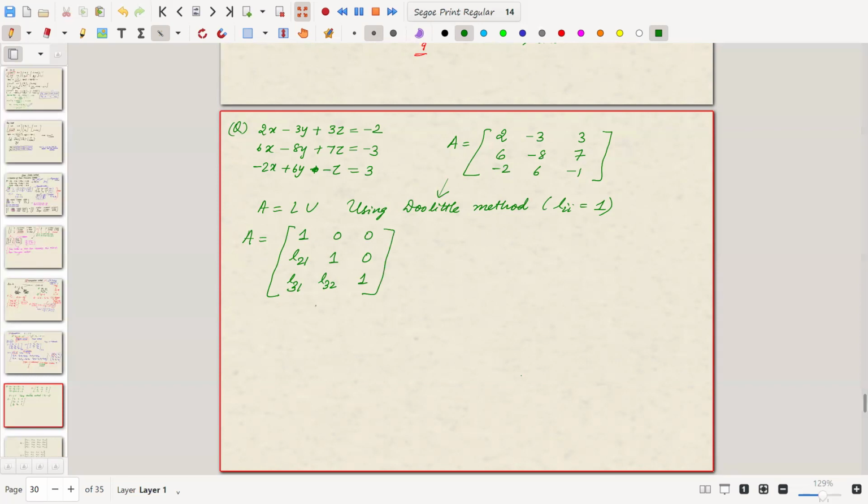And this is multiplied with the upper triangular matrix: U11, U12, U13, 0, U22, U23, 0, 0, U33. Your job is to find the remaining Lij and Uij.